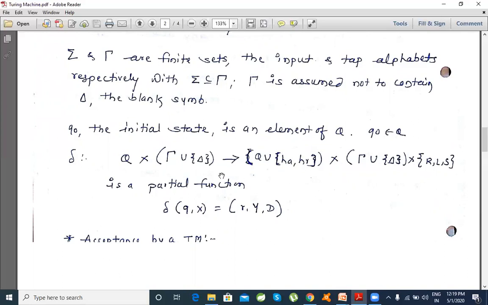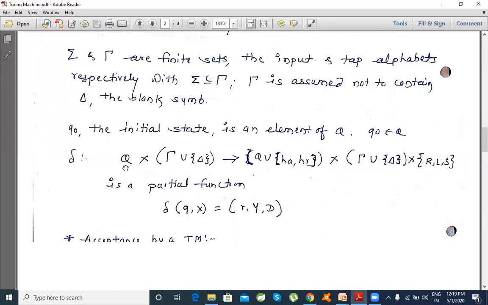This is a function from domain to range mapping. This is the domain, Q cross gamma. This is what you're reading, and based on this you decide what would be your next state. The next state would be any particular Q state, from the finite set of states, as well as a halting state or rejection state.